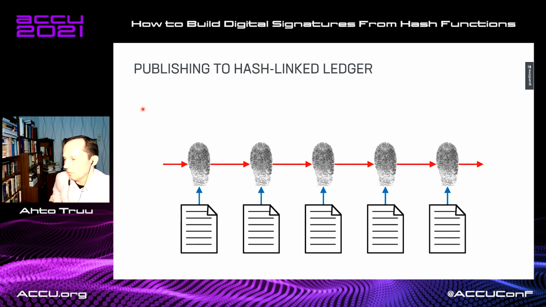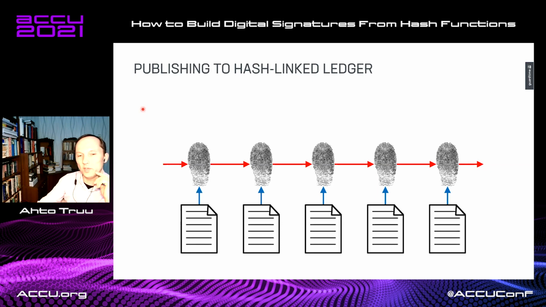But if you want to build a timestamping service that can be used to timestamp, for example, logs of multiple clients, and the multiple clients may produce a very large number of log records every second, every minute, then you don't want to do this completely linearly or serially.